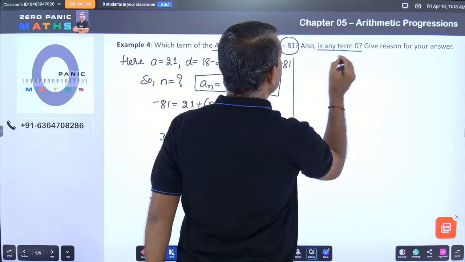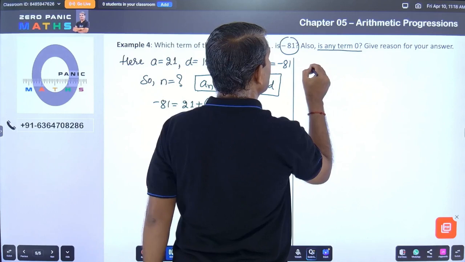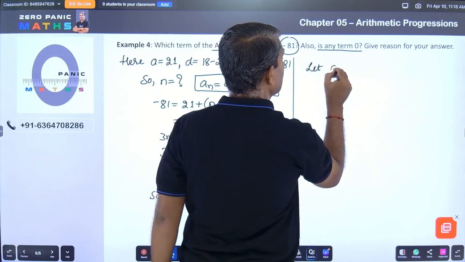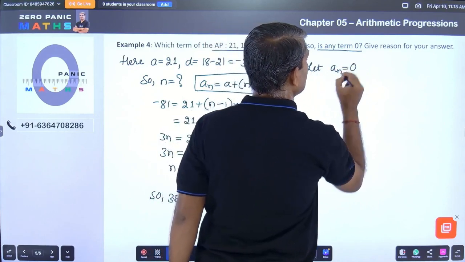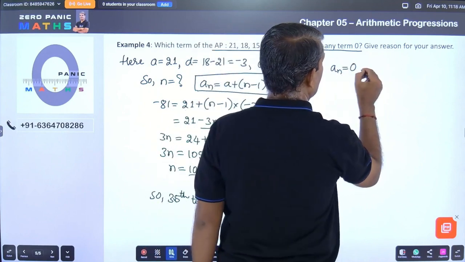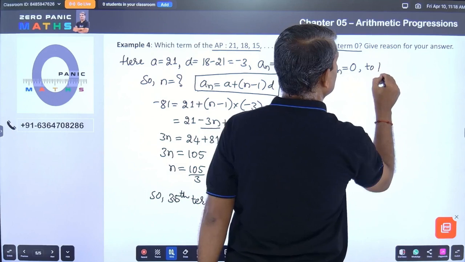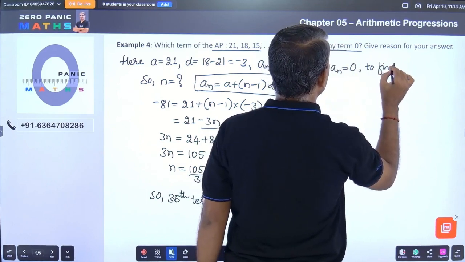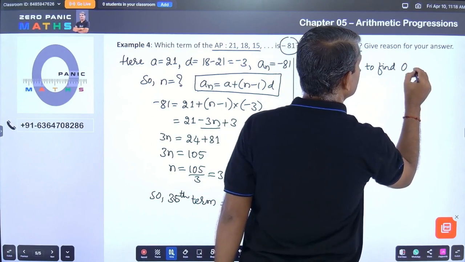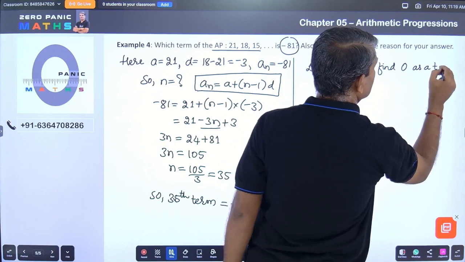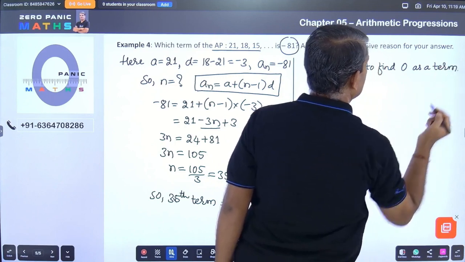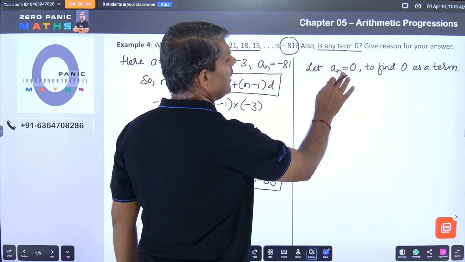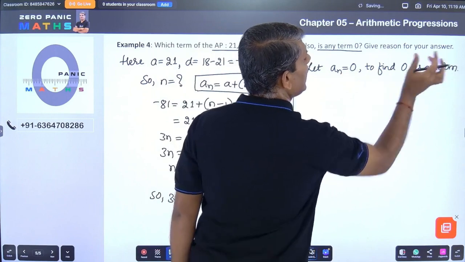Now the second part is, let an be equal to 0, to find out 0 as a term.